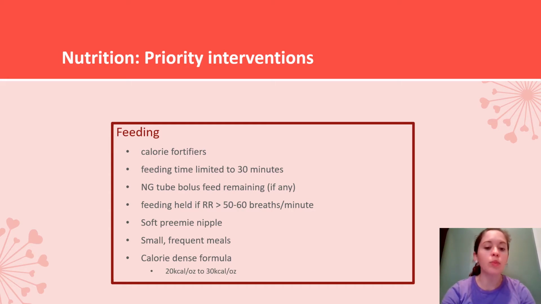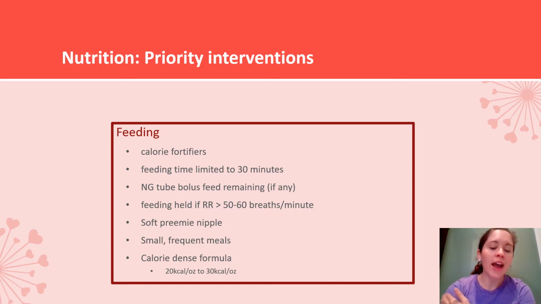When we do feed, we need to make sure that we feed no more than 30 minutes at a time, because if they feed for longer than 30 minutes, then they're probably expending more calories by sucking and swallowing than actually getting the calories they need. So we don't want to make them over-expend the calories just for making them have a longer time they feed and finish the bottle.